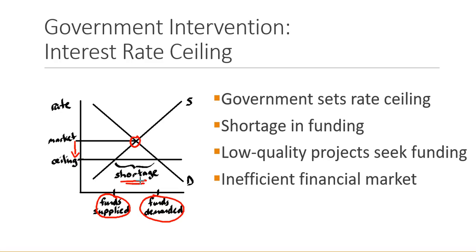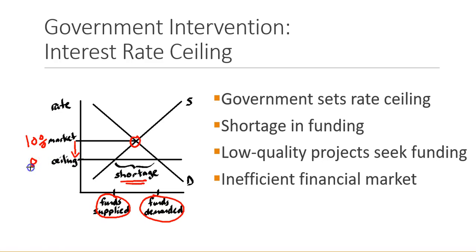At the market rate, let's say that this market rate is a 10% interest rate. At a 10% interest rate, a company doesn't want to borrow for a project that has a return lower than 10%. You don't want to borrow at 10% if your project is only going to return, say, 8%. And let's use that number as the ceiling.